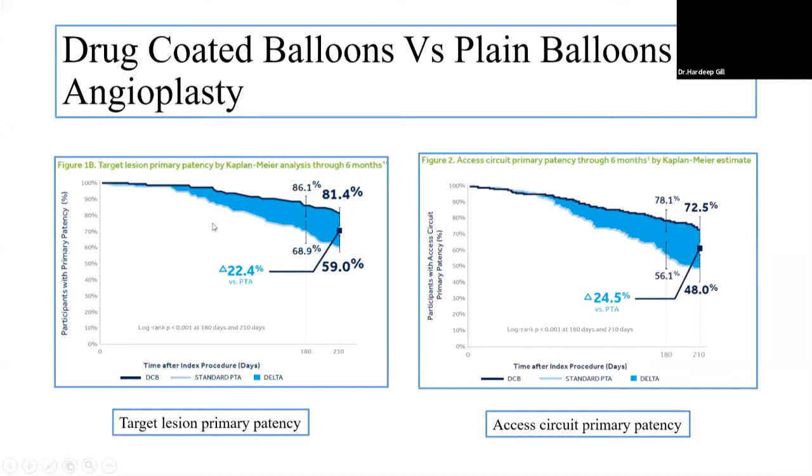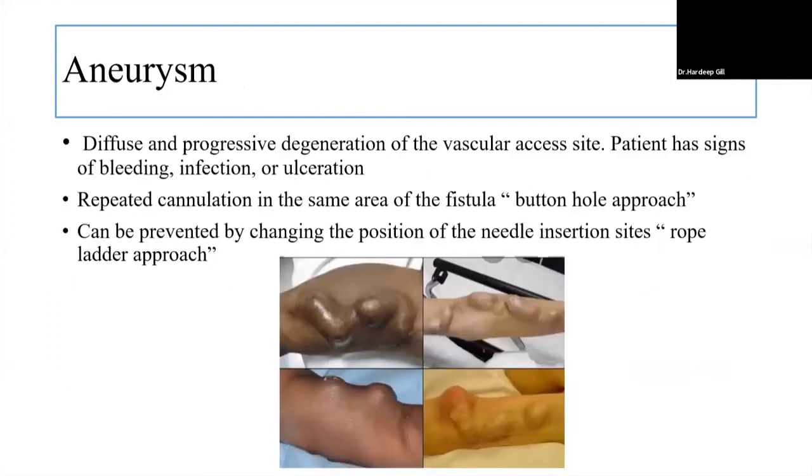So in a study that has been done by Medtronic, using drug-coated balloons, there is a significant target lesion primary patency of anything between 20 to 25%. Even access circuit primary patency is much higher with drug-coated balloons. This basically means that if angioplasty has to be done every 6 months to 12 months, you'll probably prolong that to about 18, 24 months.